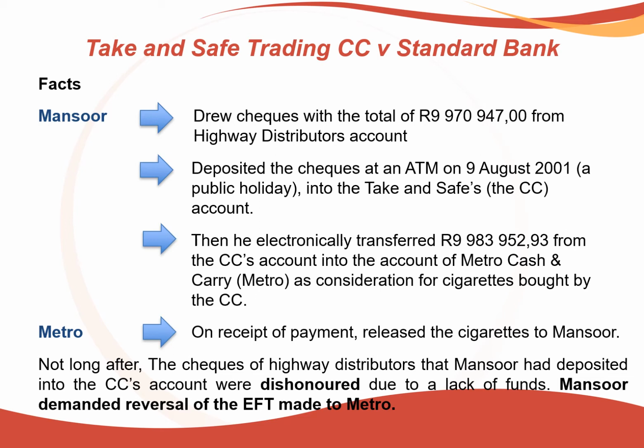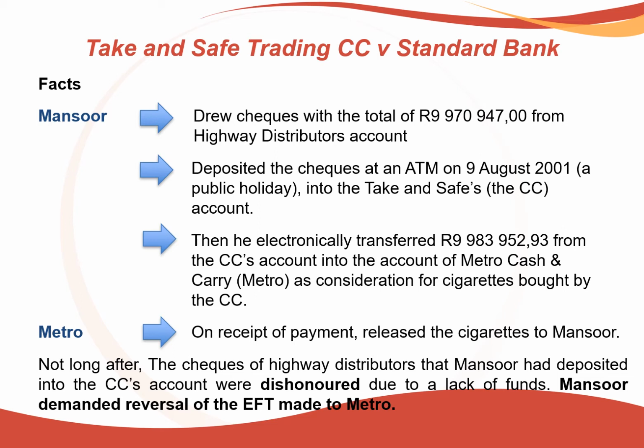Mansour was responsible for electronic banking facilities of the CC and was also in control of a Nedbank account of A. Mohammed trading as Highway Distributors. Mansour drew checks totaling just under 10 million against Highway Distributors' account and deposited them at an ATM on the 9th of August 2001, which was a public holiday, into the CC's account.